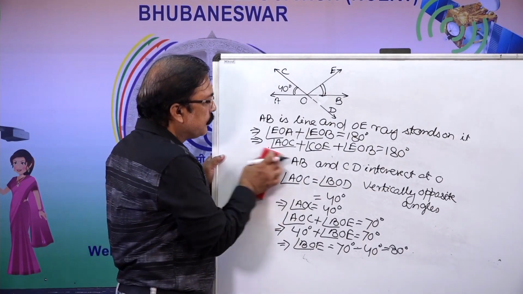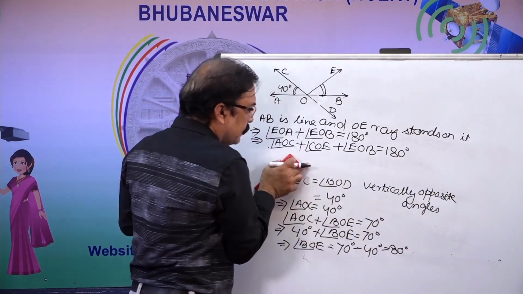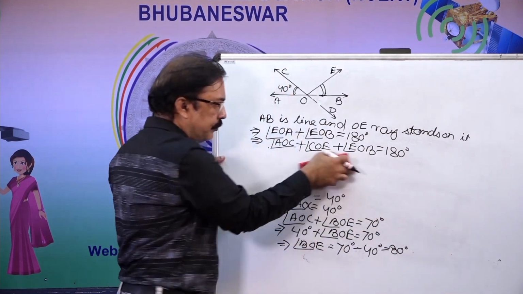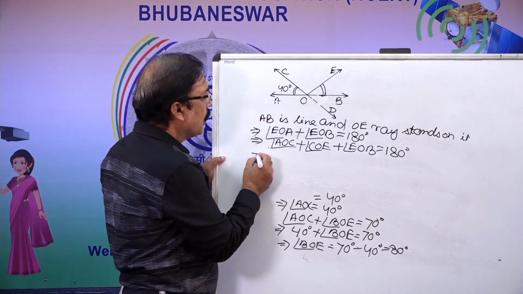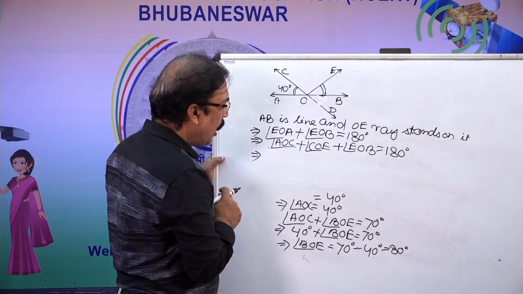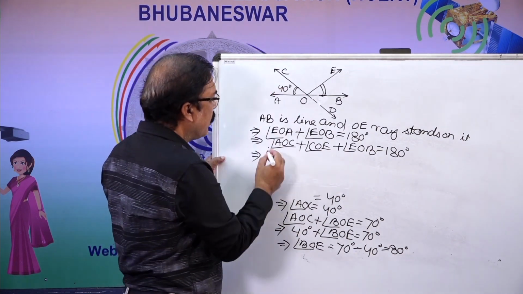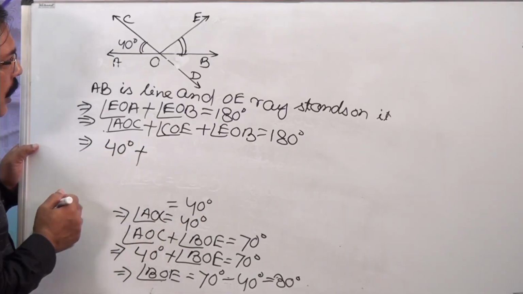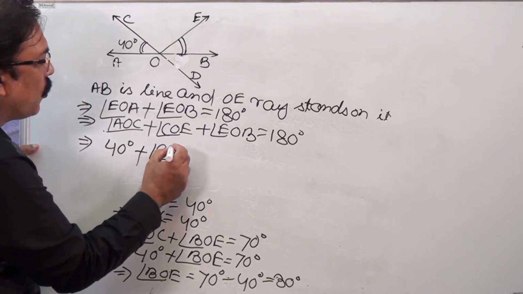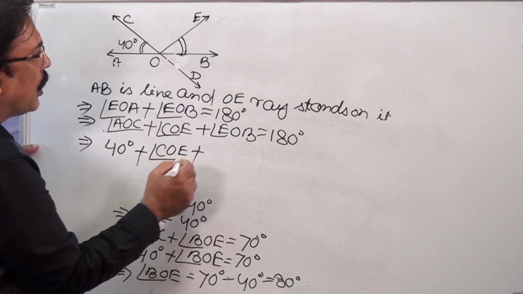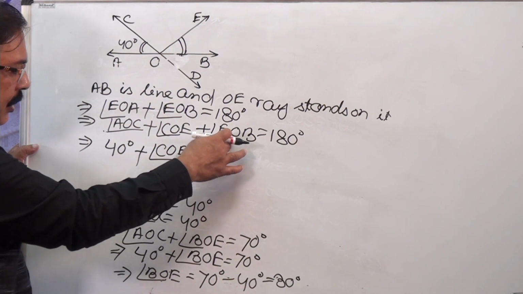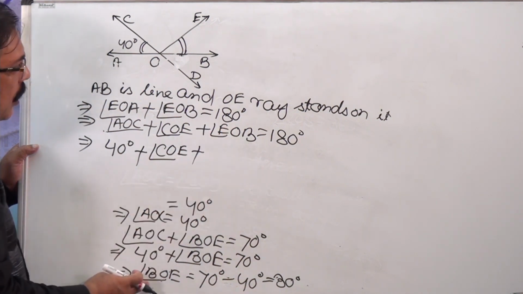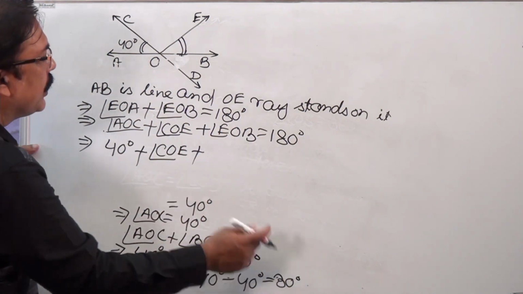Now, what is angle AOC? Angle AOC is 40 degrees, plus angle COE, plus angle EOB, or BOE, which is 30 degrees.